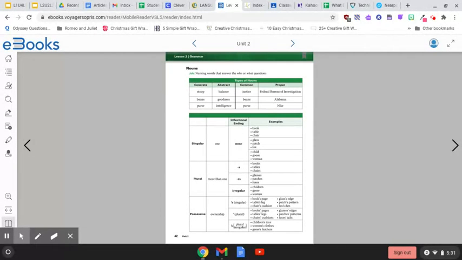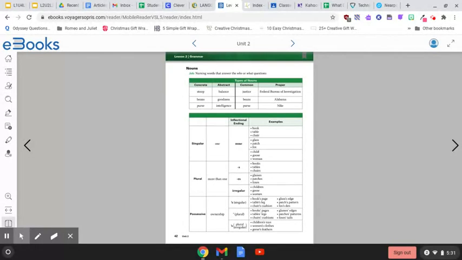Chair. What would be the plural form of chair? Glass. What would be the plural form of glass? Patch. What would be the plural form of patch?